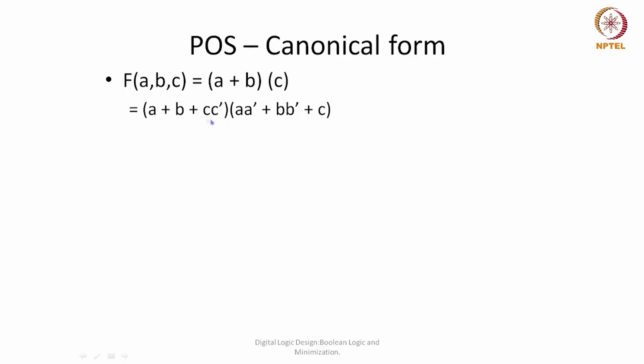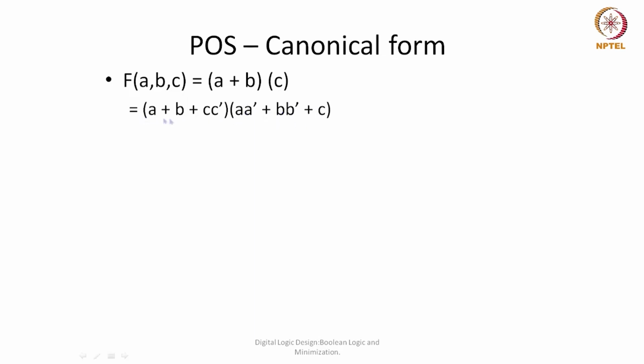Here c was not present, so I created a plus b plus 0, and 0 can also be written as c dash, because I wanted in each sum term both c and c dash. Similarly in this sum term, a and b both have to be there, so I added a dash plus b dash, both of them are effectively 0.